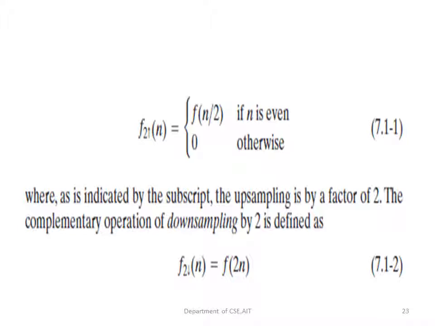Upsampling is always done in terms of a factor of 2. The opposite of this is the downsampling, which is also done by a factor of 2. This downsampling is given by f2 of n equal to f of 2n, where we can look at the arrow mark and see that this is the downsampling.